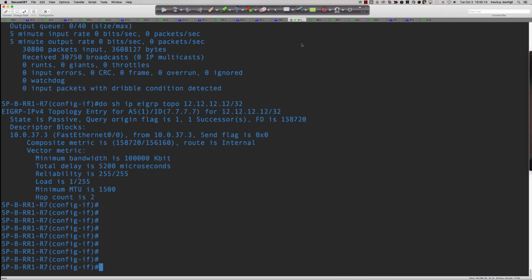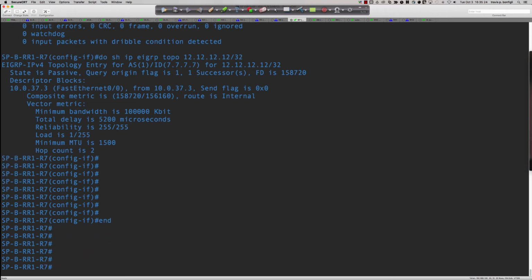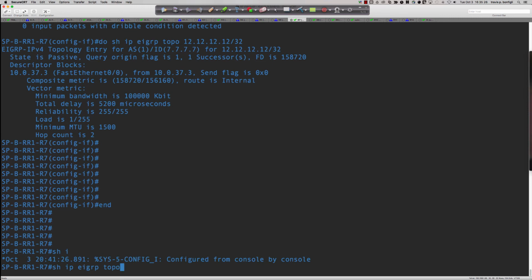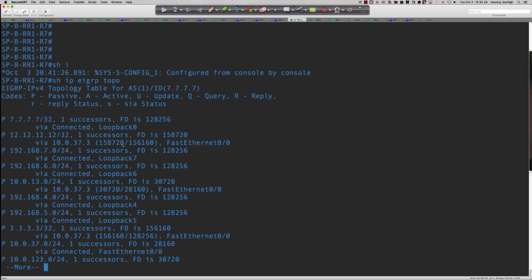So let's do this from 12.12.12.12. And so we'll do it from router 7's perspective here. So here we go. So show IP EIGRP topology, right? And the text tells you that the first number in the parentheses, and there's multiple images like this, that the first number in the parentheses is the feasible distance.